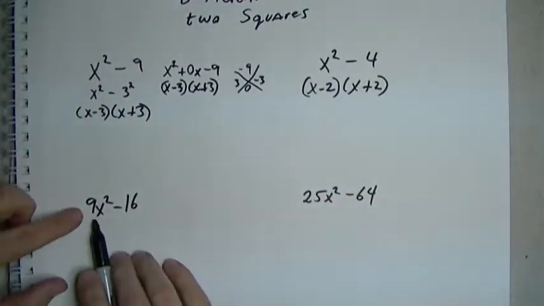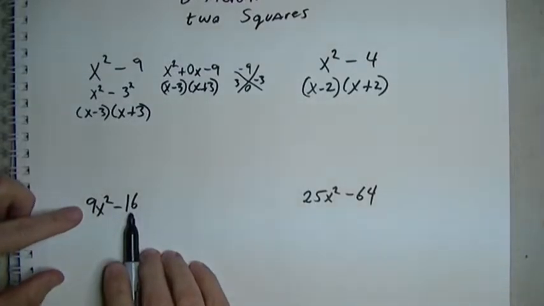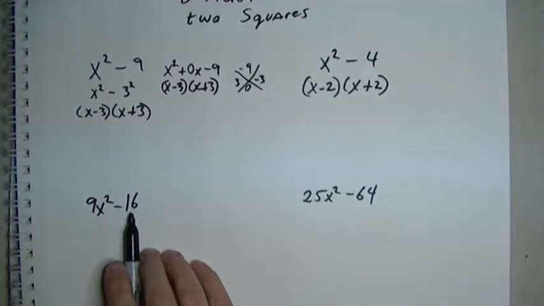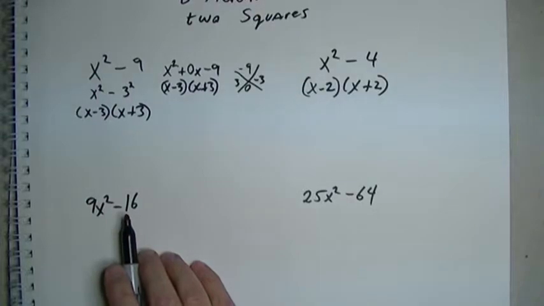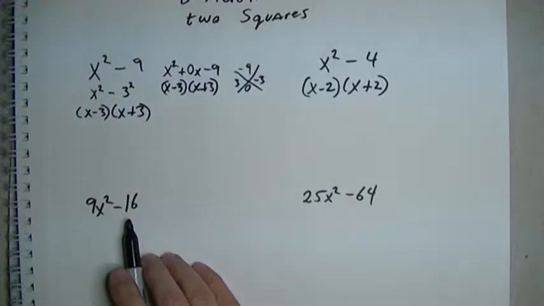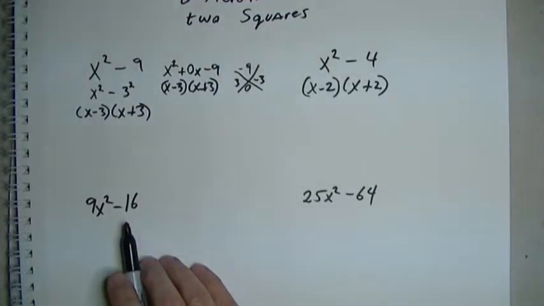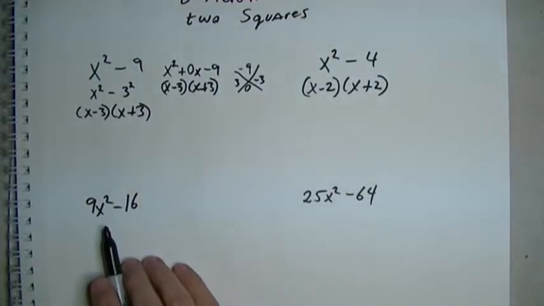Okay, let's take a look at this one, 9x squared minus 16. It's a really good idea to have all your perfect squares in the back of your head. 1 is a perfect square. Sometimes people forget that 1 is a perfect square. The next perfect square is 4. The next perfect square is 9.